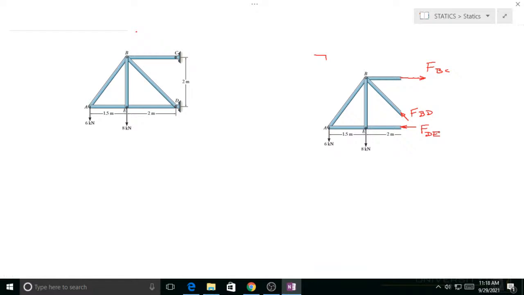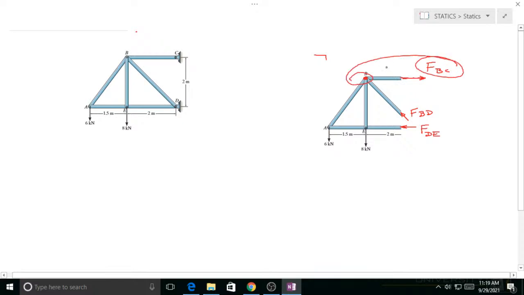Now the next thing I do is I look for places that I can sum the moments about to make my life easy. So if I pick this one, that transmissibility means I can move this force back here, and it doesn't change anything. So this one doesn't produce any moment about B. If, though, it was up a little higher, it would, because I'd have a perpendicular distance there. But I don't.